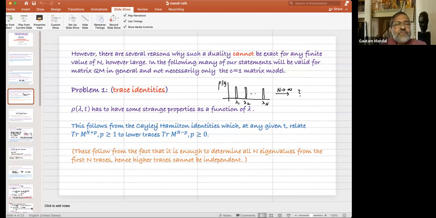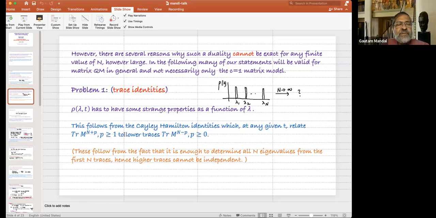This follows from the Cayley-Hamilton theorem, which says that if you have a single matrix M, and here I'm talking about any particular given time t, then all single traces of powers higher than capital N are not independent.